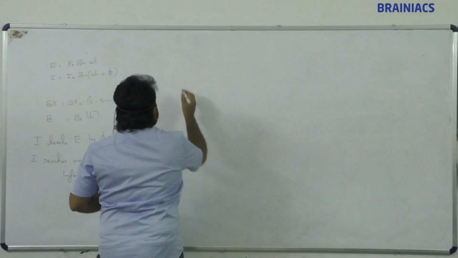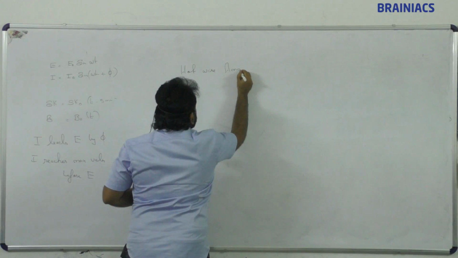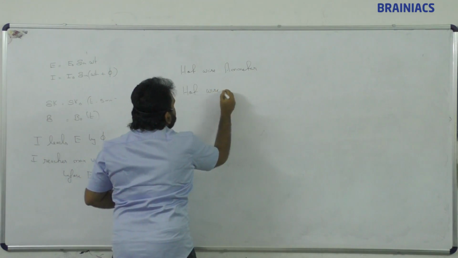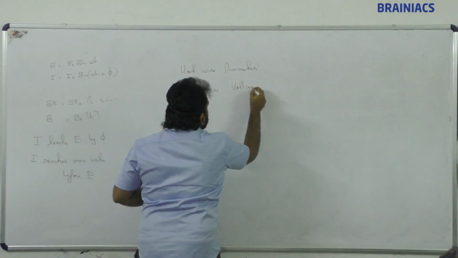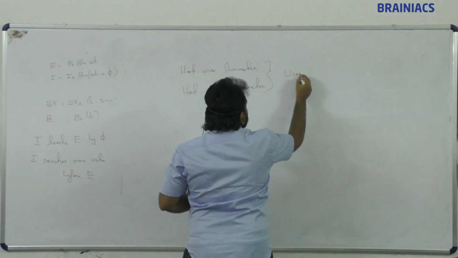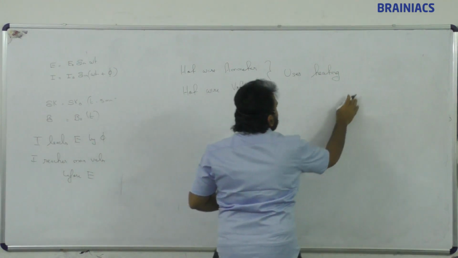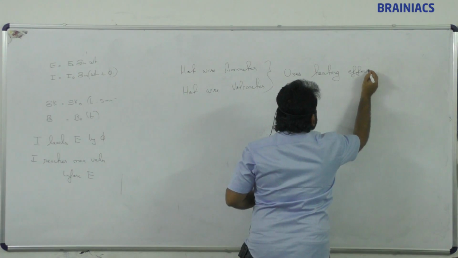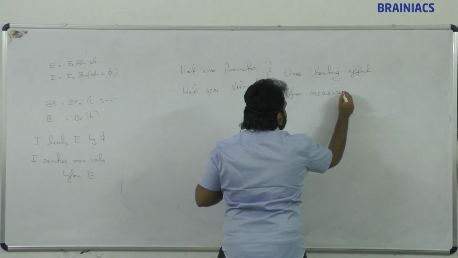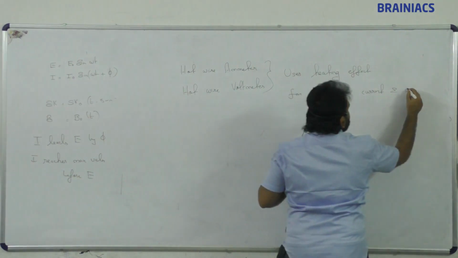Hot wire ammeter and hot wire voltmeter use the heating effect for measuring current and voltage.